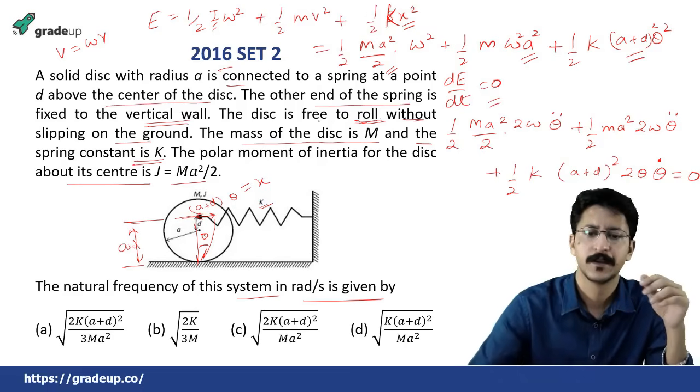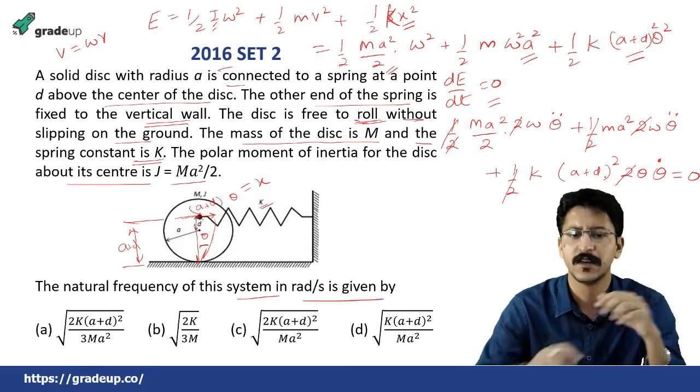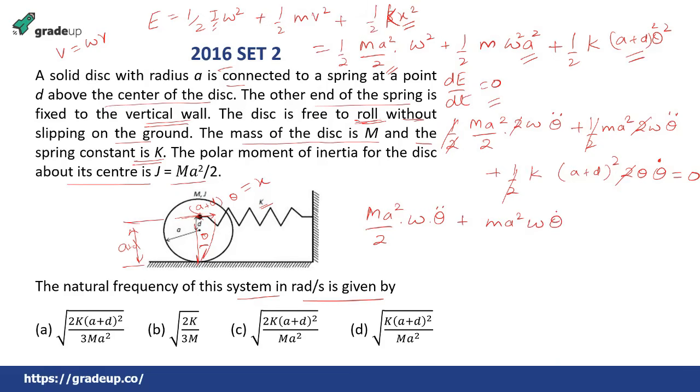Okay, so this half and this 2 get cancelled, this half and this 2 get cancelled, this half and this 2 get cancelled. That is ma square by 2 omega theta double dot plus ma square omega theta double dot plus k a plus d square theta theta dot equal to 0. Omega, theta dot, this gets cancelled.